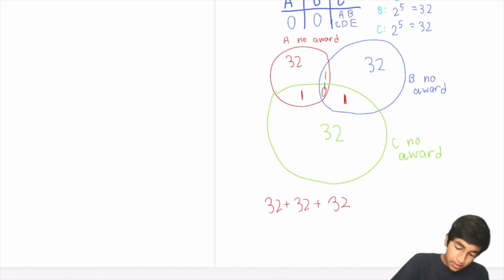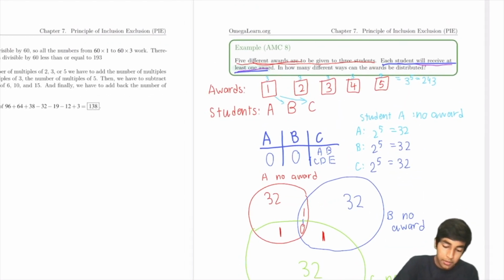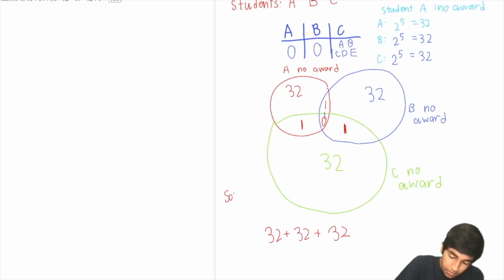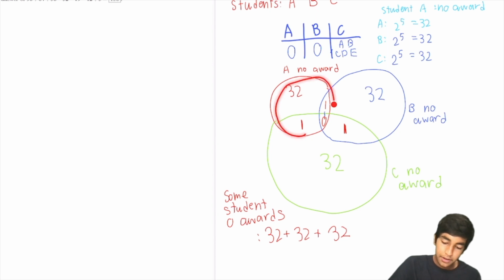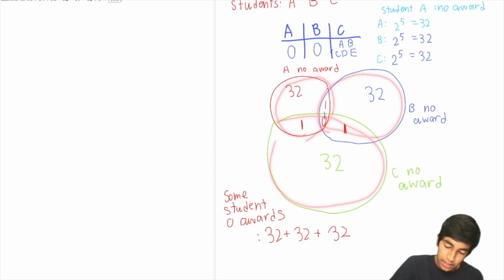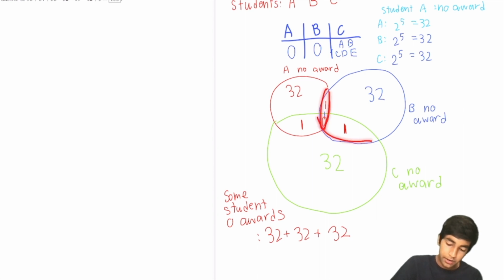So what we're counting is, this is the complement, right? Where some student receives no awards. Some student, 0 awards. This is 32 plus 32 plus 32, each of the 3 big circles. And then we subtract each of the overlapping regions. So this, 1, 1, 1.